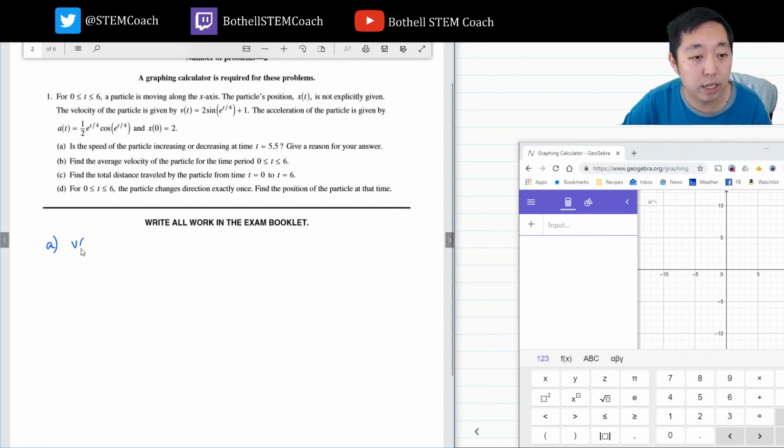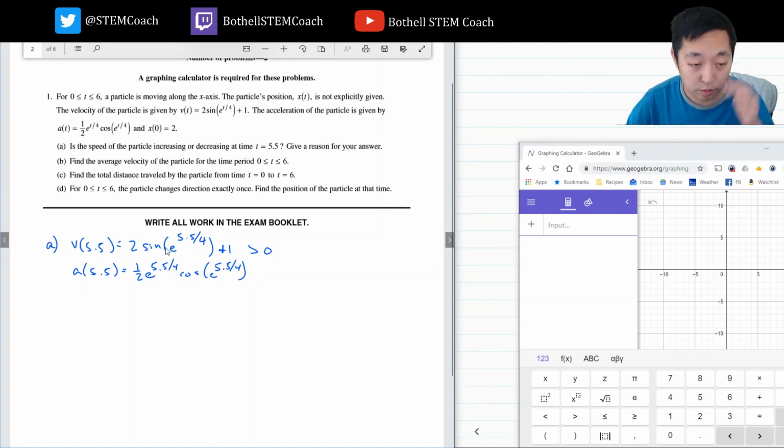The velocity at 5.5 is 2 sine(e^(5.5)/4) plus 1. And this looks like a positive number. I don't need to even use a calculator for that. The acceleration at 5.5 is 1/2 e^(5.5)/4 cosine(e^(5.5)/4).